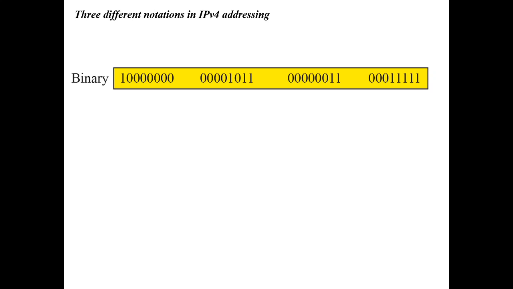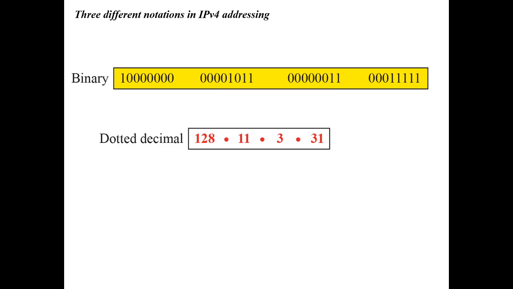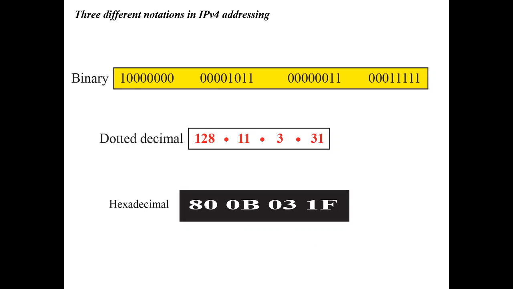There are three different notations in IP version 4 addressing. First is binary, second is dotted decimal, and third is hexadecimal. In binary notation, the address is shown in binary format, and each octet is 1 byte. Second is dotted decimal.